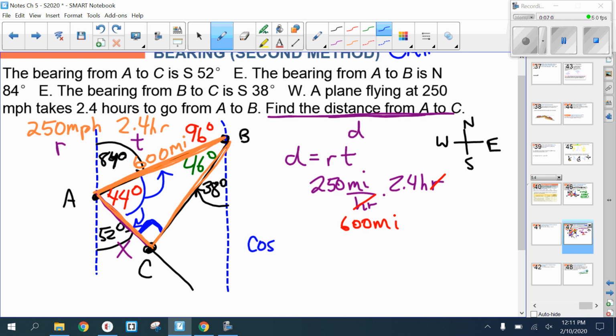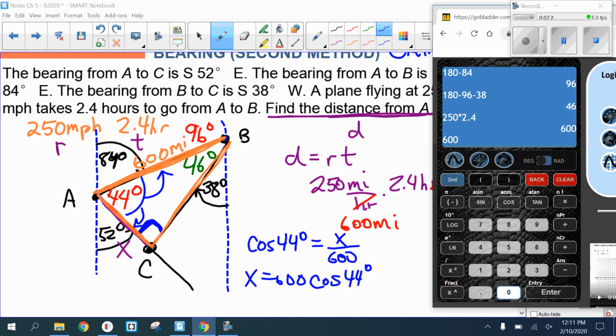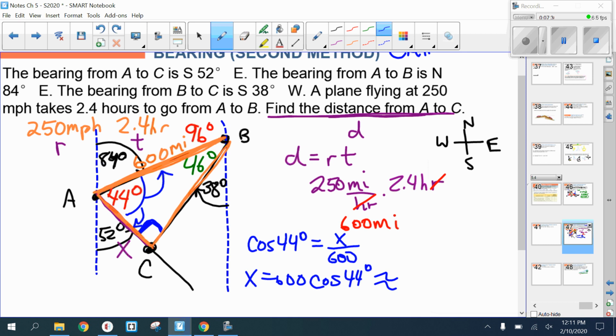Cosine 44 degrees equals adjacent side x over hypotenuse 600, or x equals 600 cosine 44. That's about 431.6. So the distance from A to C is 431.6 miles.